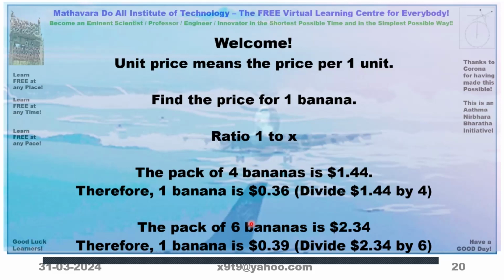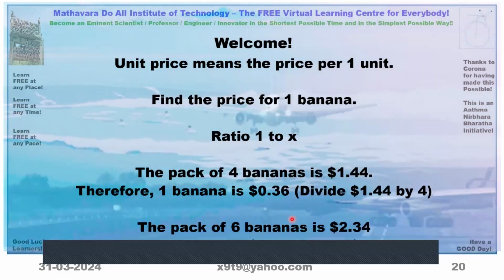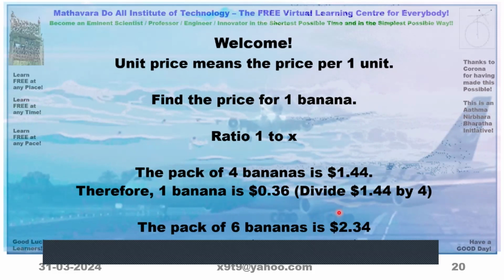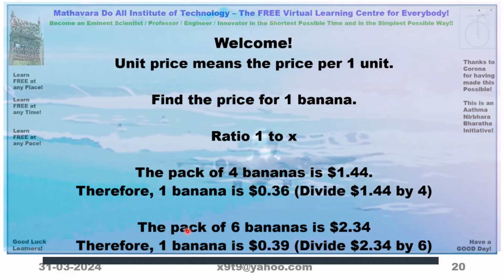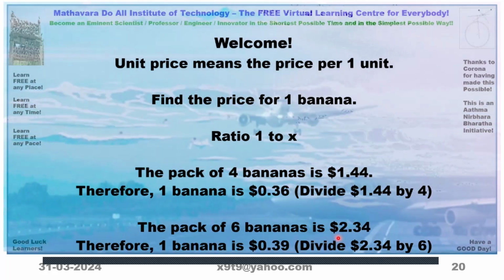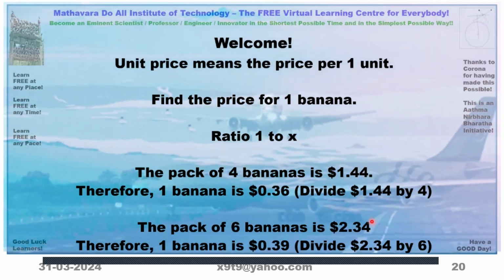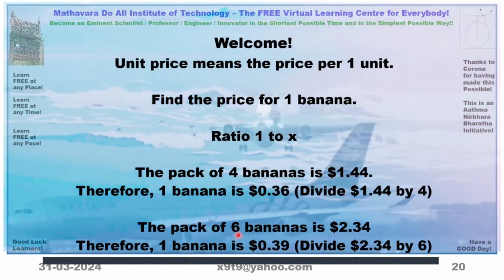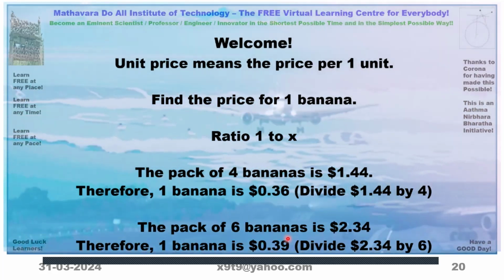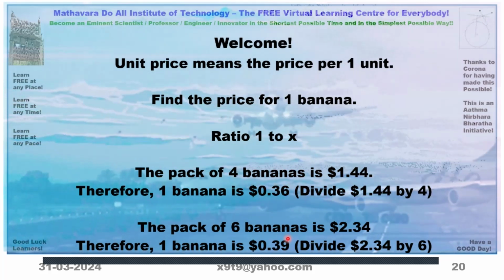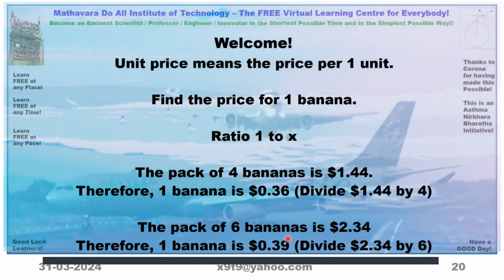Now the pack of 6 bananas is costing $2.34. So for 1 banana, how much is it? You have to divide this total price by the total number of bananas. So you will get 0.39 dollars or 39 cents.